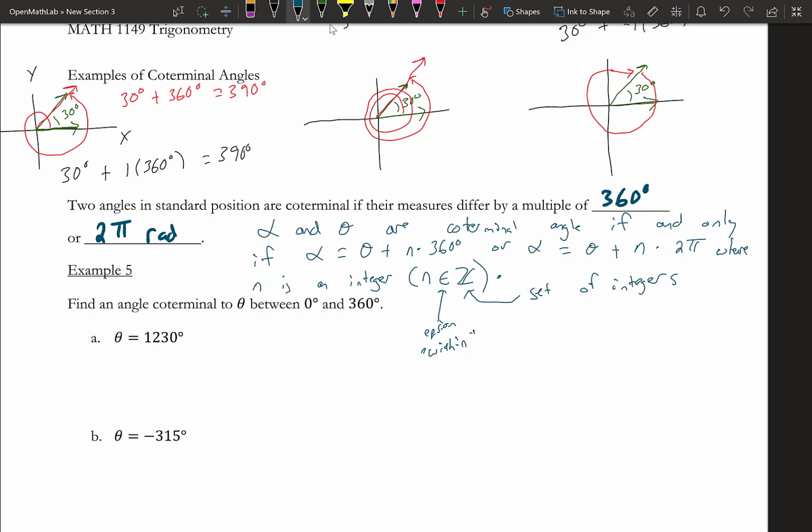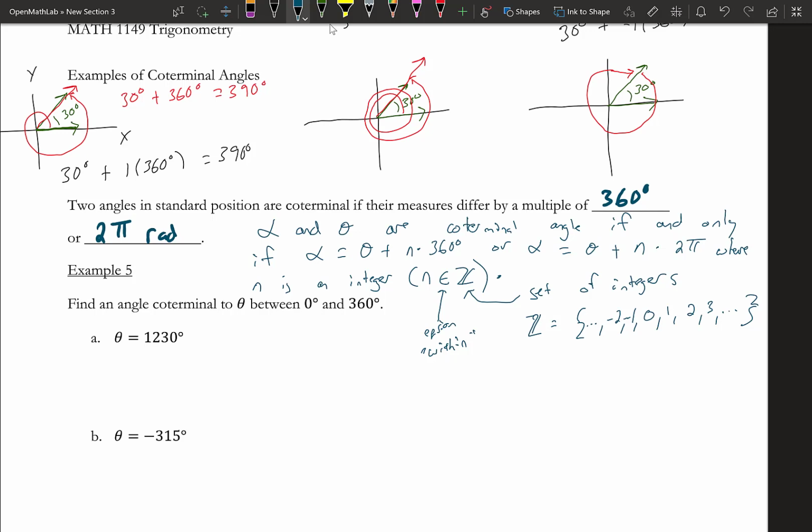So the set of integers looks like this. We have the whole numbers, and then we're adding on the additive inverses, the negatives of each of the numbers.